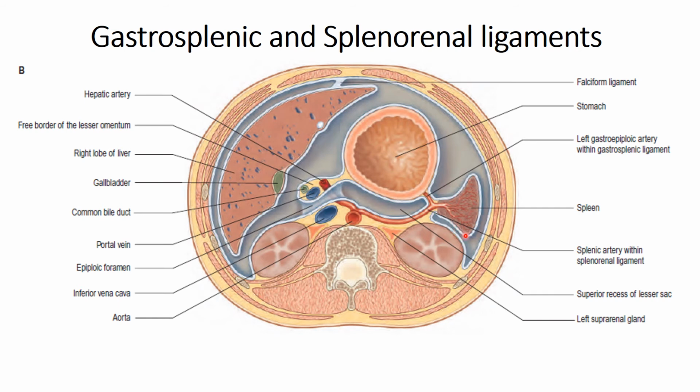And this is the posterior layer which has this peritoneal covering onto the renal impression on the spleen, and then it is in continuity over the left hemidiaphragm. Between the two layers of the lienorenal ligament it contains the splenic vessels along with the tail of the pancreas.